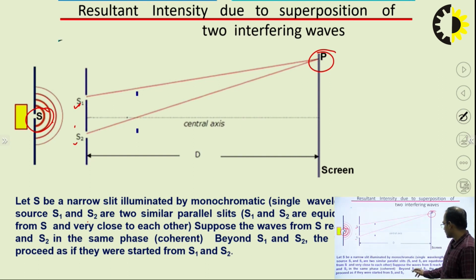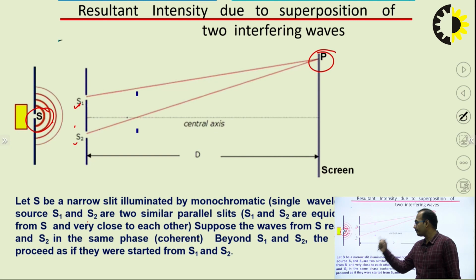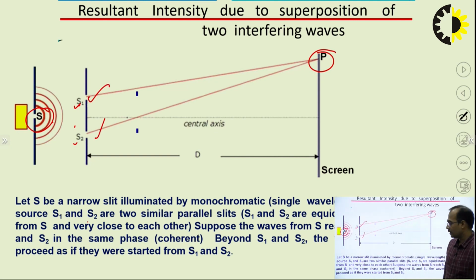Suppose the waves from S reach S1 and S2 in the same phase. It means the waves reaching S1 and S2 are coherent, and these coherent waves are again passing through slit 1 and slit 2.